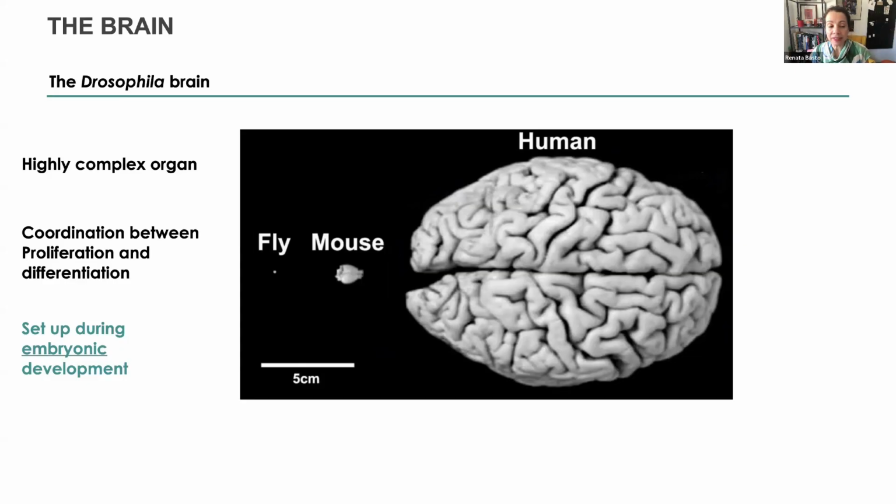And the main reason that I'm focusing on human and mouse brain is because they have very similar patterns in terms of organization.